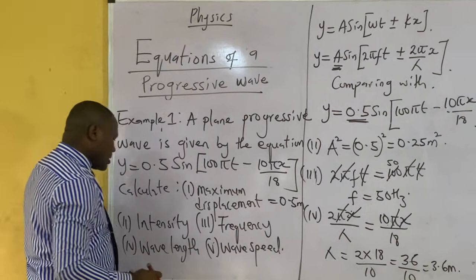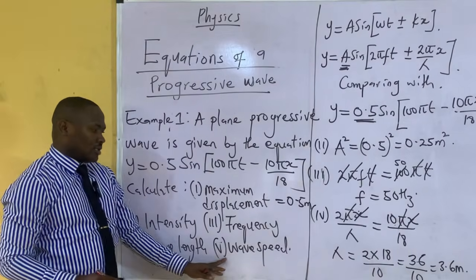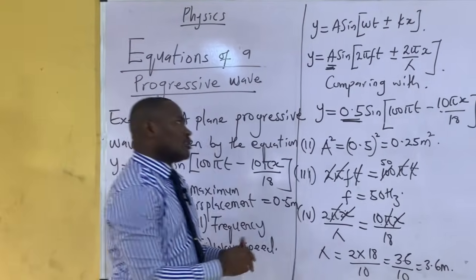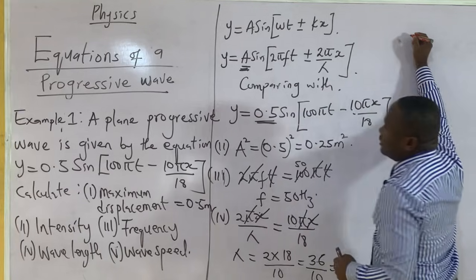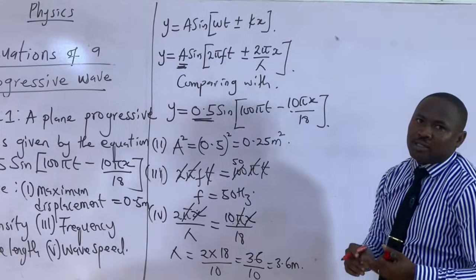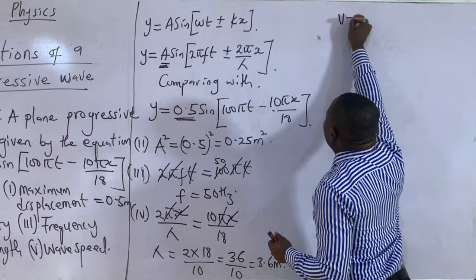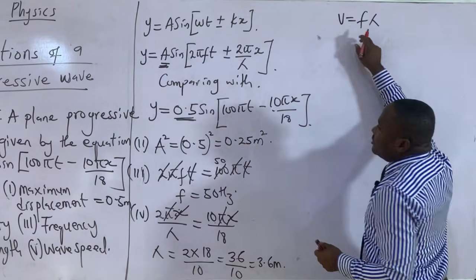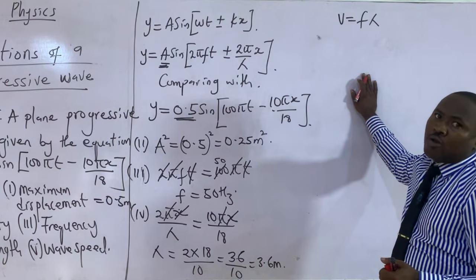What about the last question? The last question said we should look for the wave speed. Now remember, there's an equation that has frequency, wave speed, and wavelength, which is V is equal to f lambda. This equation will be used to solve for our wave speed.